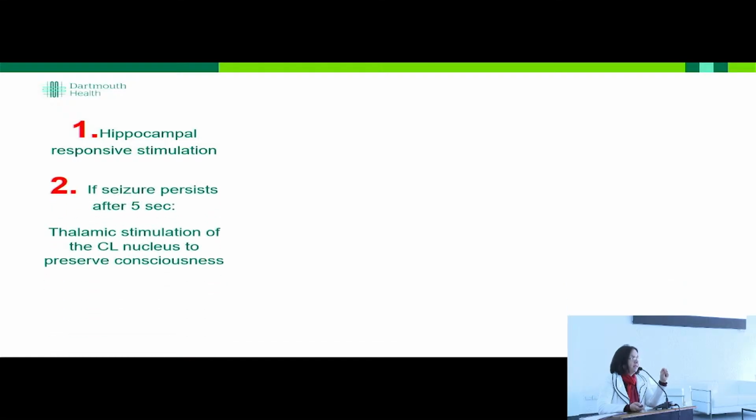So we have a stimulator that works like the RNS I showed you. We would stimulate like the RNS in the hippocampus, and then if that is not stopping the seizure, we would go to the thalamus and stimulate the thalamus to keep the patient awake during the seizure so that they at least would not lose consciousness.